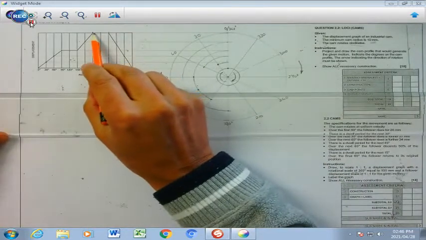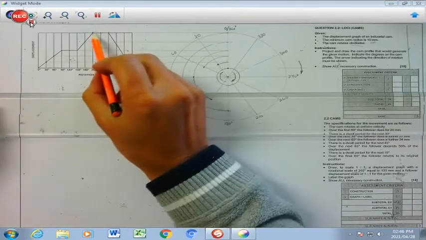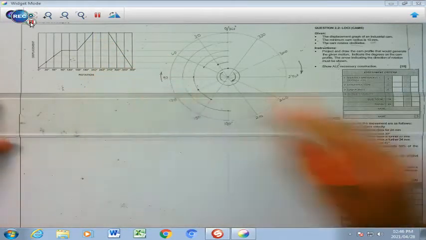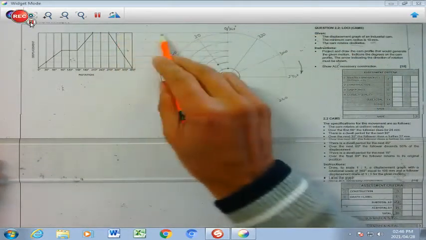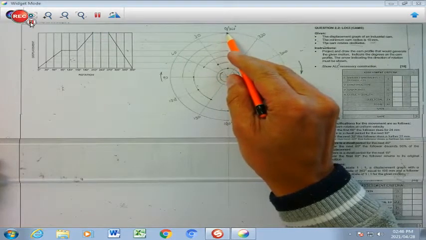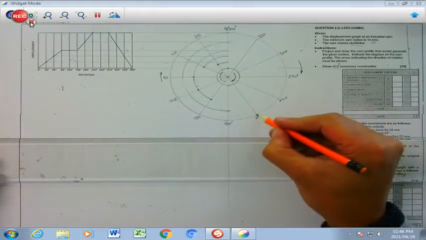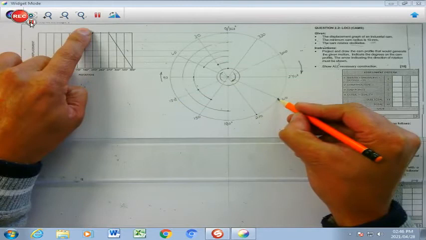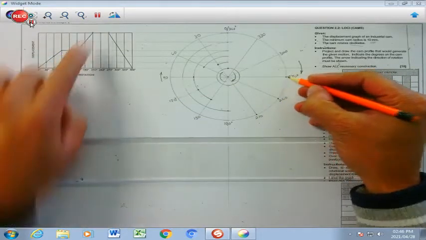I'm going to find the pinnacle of my cam displacement diagram. I have 3 points in the same line. I've got 210, 240 and 270. I don't need to project it across. I have it already. It's completely situated on my outline, and I'm going to just find where the points are going to be. 210 is going to be there, 240 is going to be there, and 270 all on the same outside line.